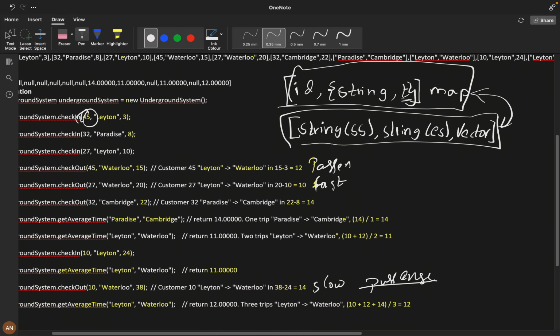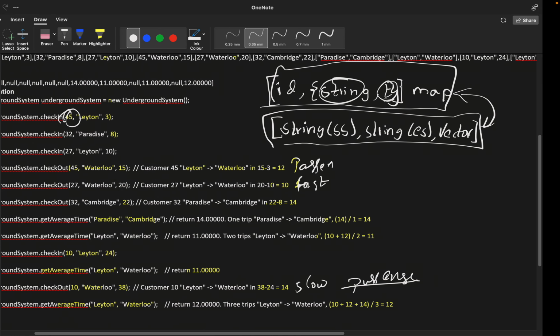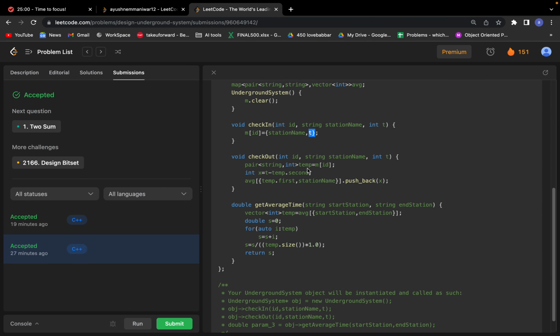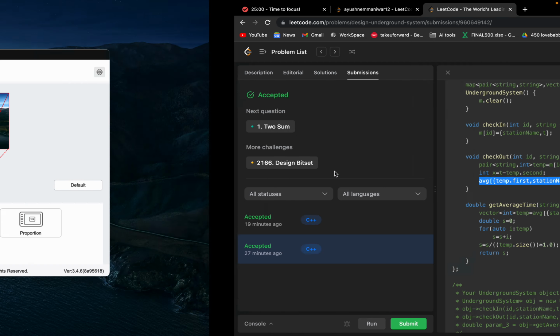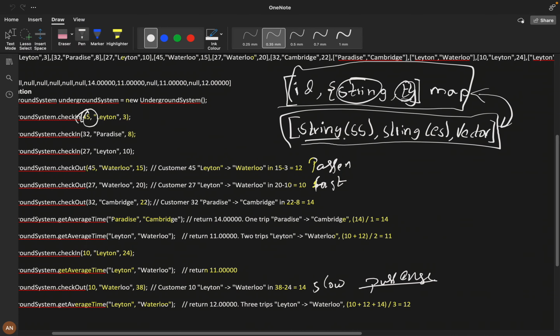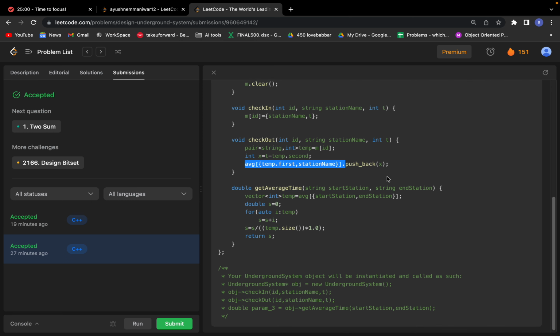This station name and this time we are storing, and we are taking it out. Now he is checking out, right? This t would be greater than this t minus temp.second, and then I am storing this into the average. What is average? These 2 stations, and I am storing into the vector with pushback x.